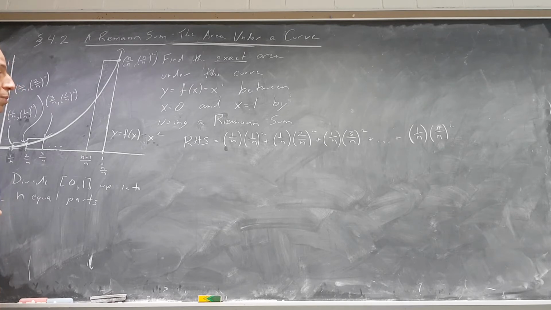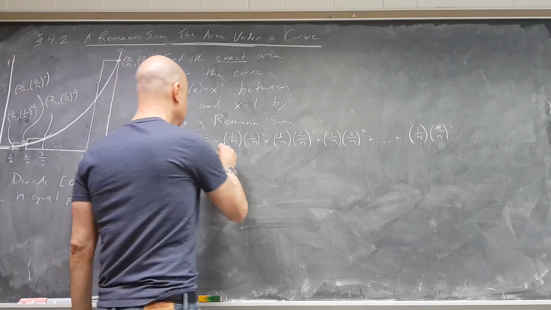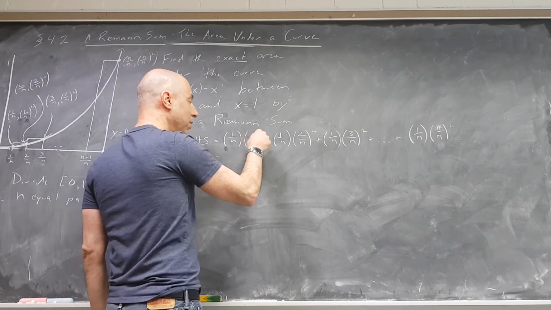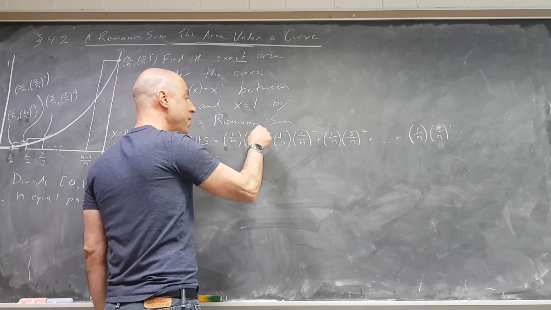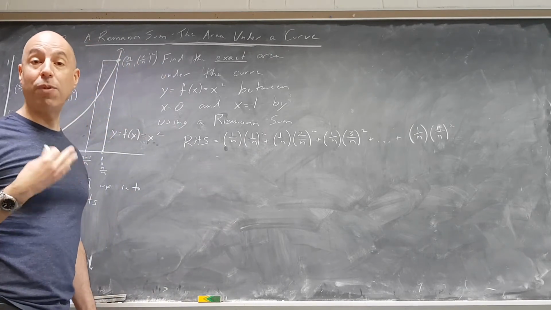So let's do a little bit of simplification here. First of all, I'm going to bring the exponent into the fraction. We know that exponents distribute over multiplication and division.